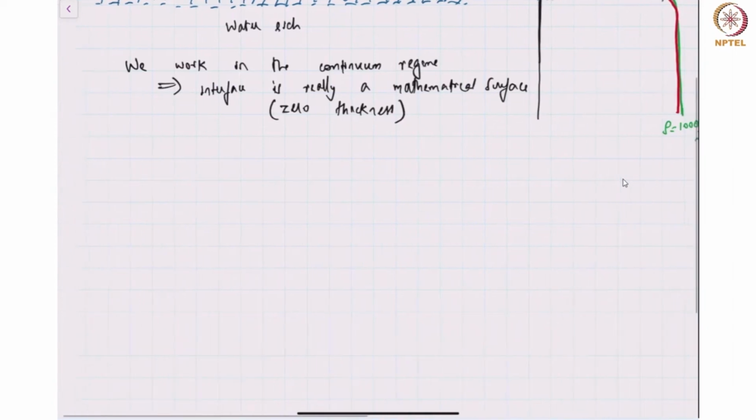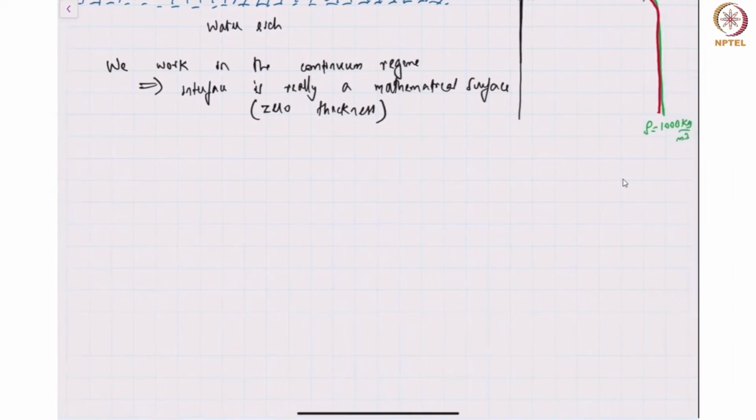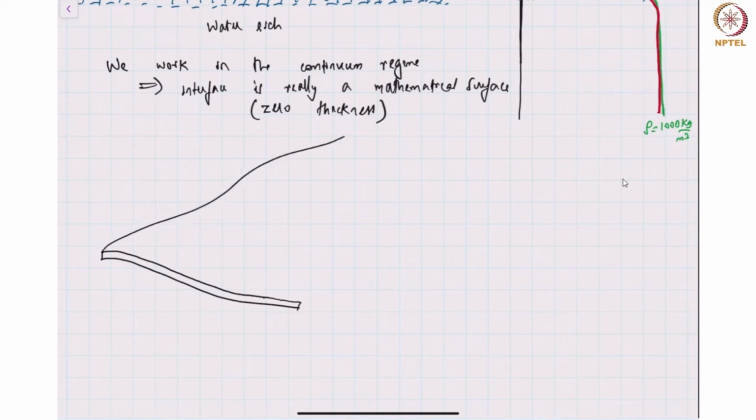I'll just consider a small interface here, some arbitrary surface.